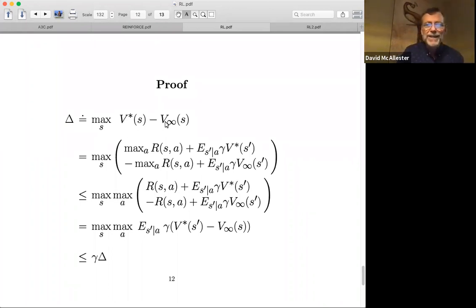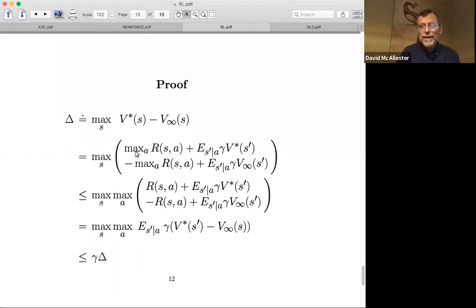Well, I can take this expression and just stick in the definitions. The definition of this is the max over actions, when I look at the future rewards using the optimal value function. This is a maximum over actions of looking at the limiting value function. And so this difference is just the difference of these two.